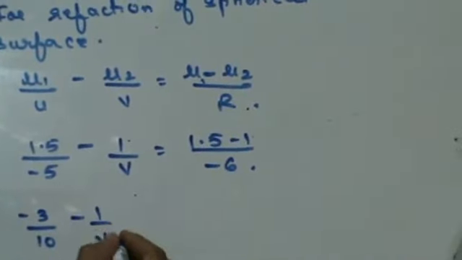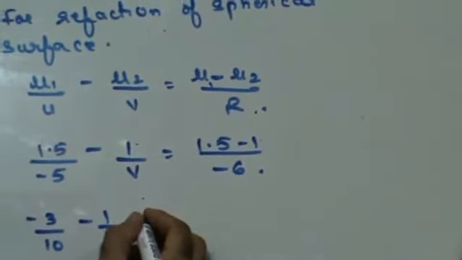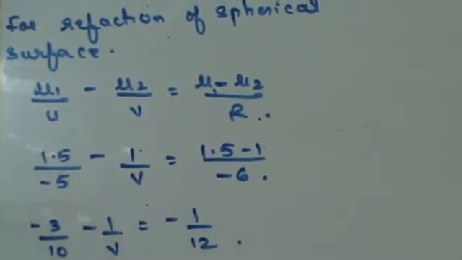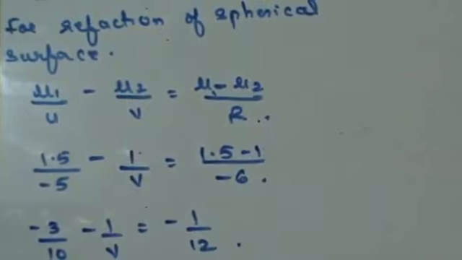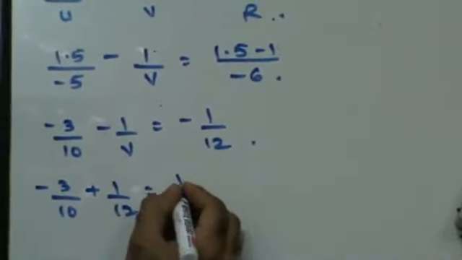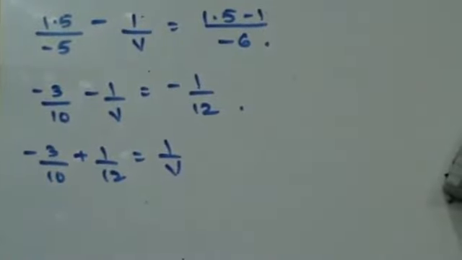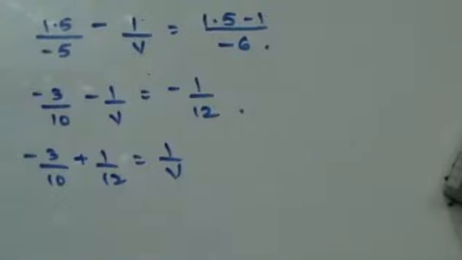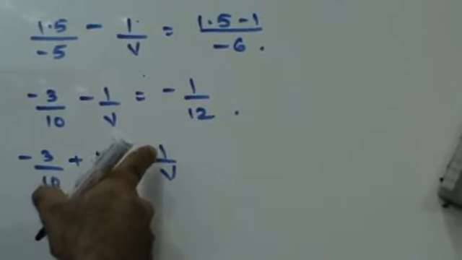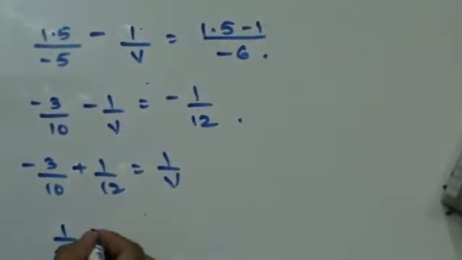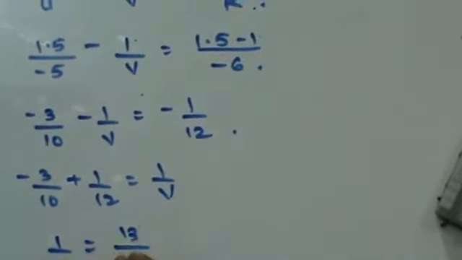So you will get minus 3 upon 10 minus 1 upon V is nothing but minus 1 upon 12. So in that case I will get minus 3 upon 10 plus 1 upon 12 is 1 upon V. If I take LCM, you will get 1 upon V is nothing but 13 upon 60.